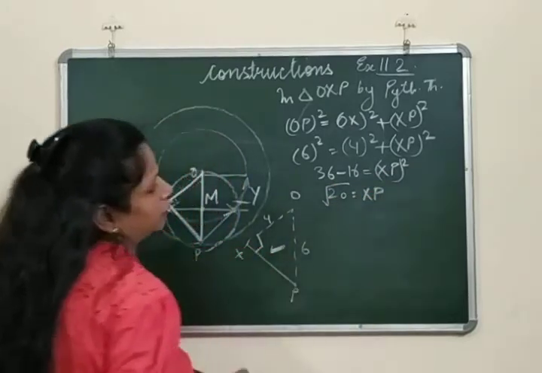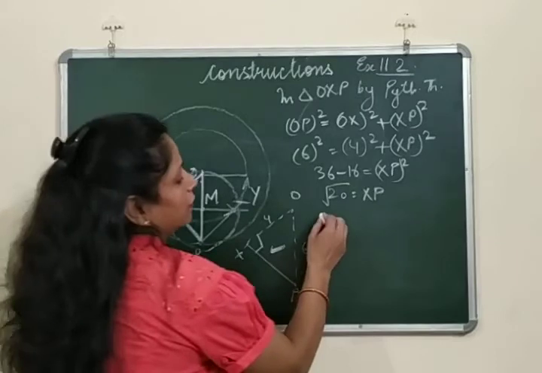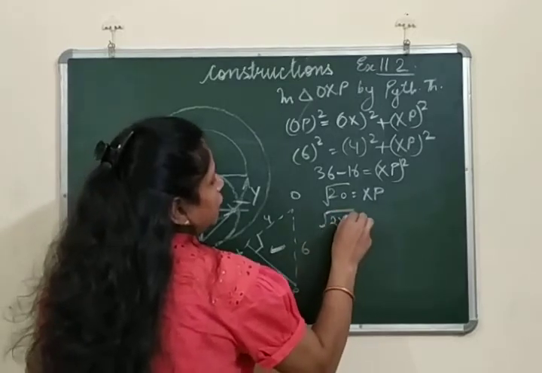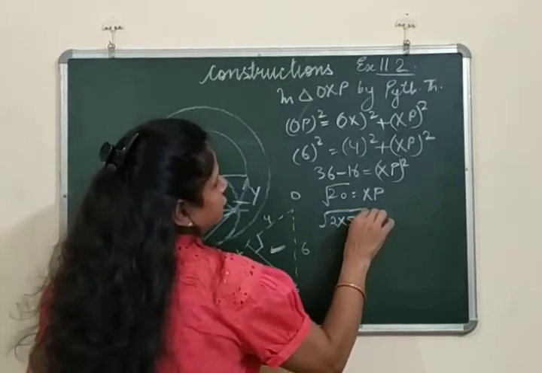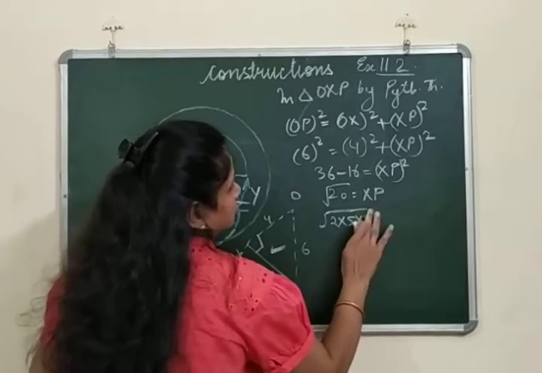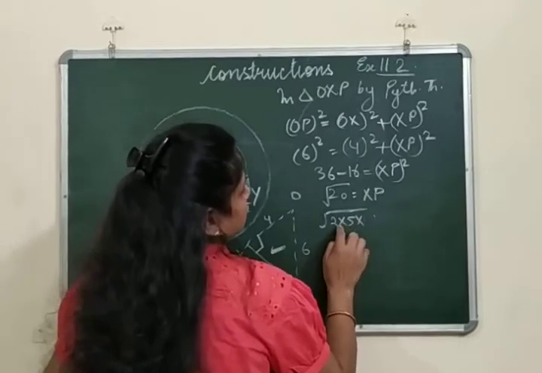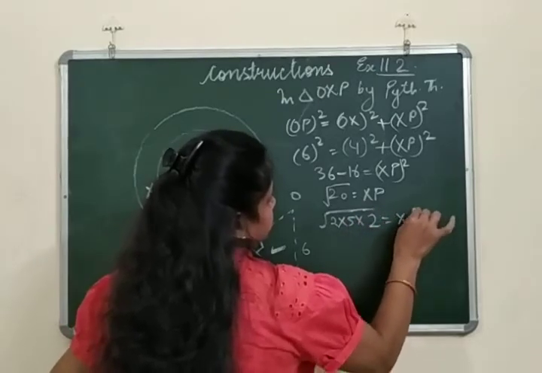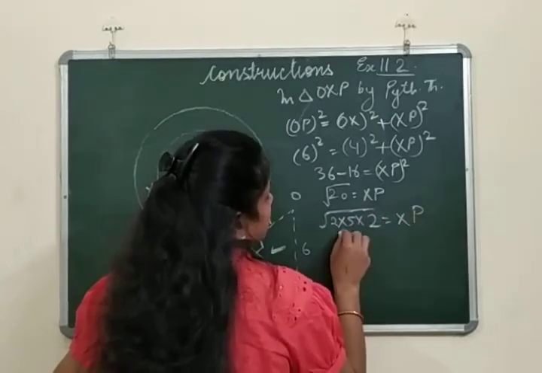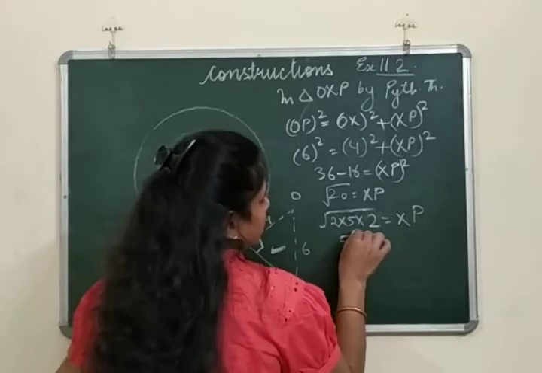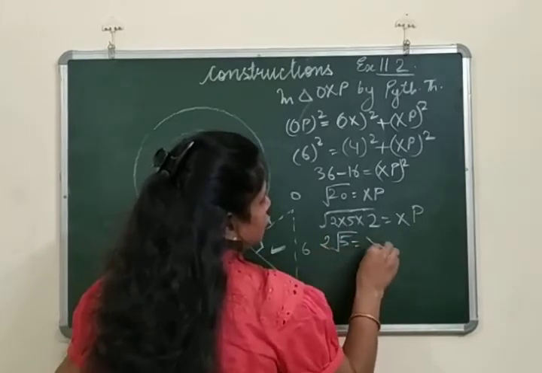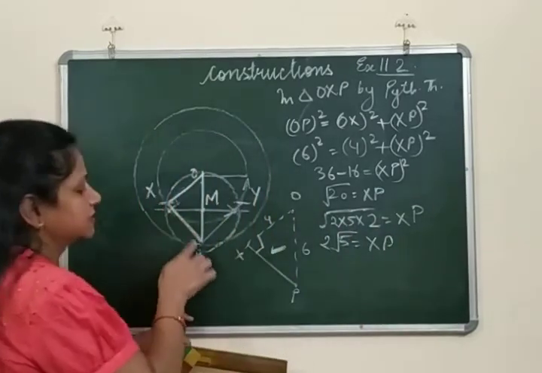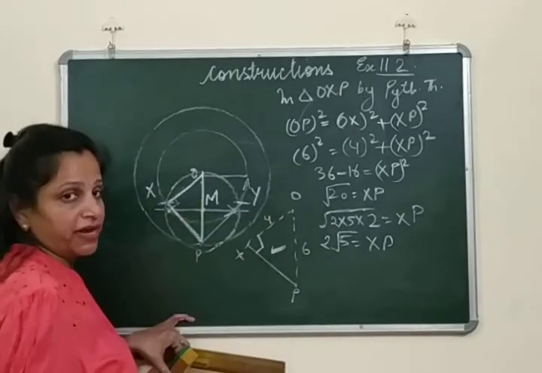You can solve under root 20. Under root 20 will be solved like 2 5s are 10, 10 2s are 20. That means 2 will come out, 5 remains in the under root, so 2 root 5 is your XP. This is the length of XP, 2 root 5.